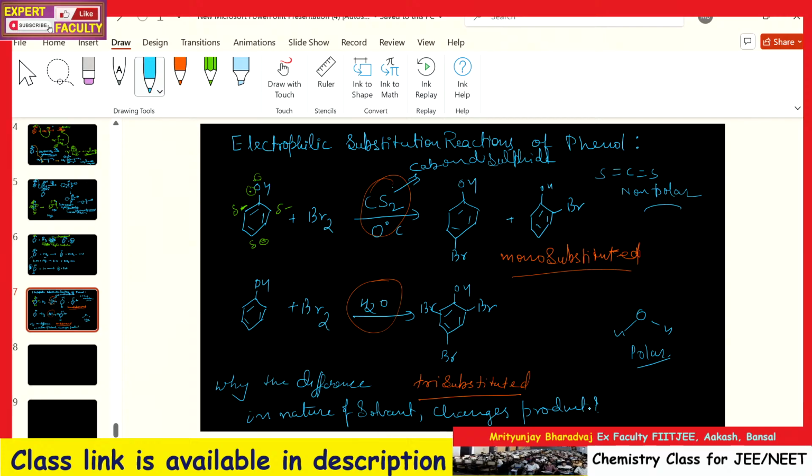By the way, among these two mono substituted products, this para will be major and this ortho will be minor.